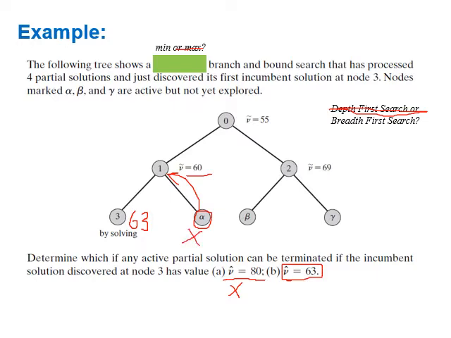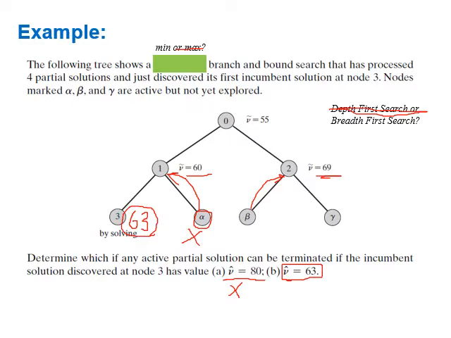What about beta? Its parent has an objective function value of 69, and this is the best, this is the minimum. Since this is a minimization problem, best means minimum. This is the minimum that beta can give you, and we already have a solution of 63.